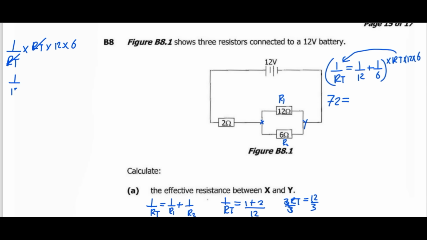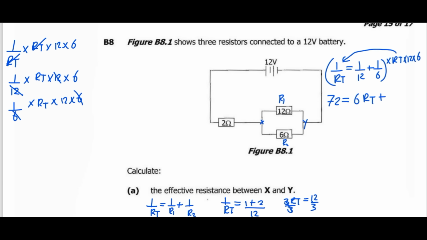1 over 12 times RT times 12 times 6. So this will cancel, and this will give us 6 RT, plus 1 over 6 times RT times 12 times 6.